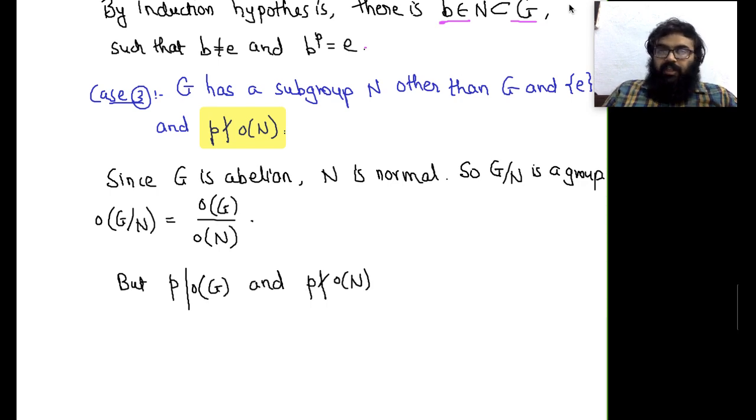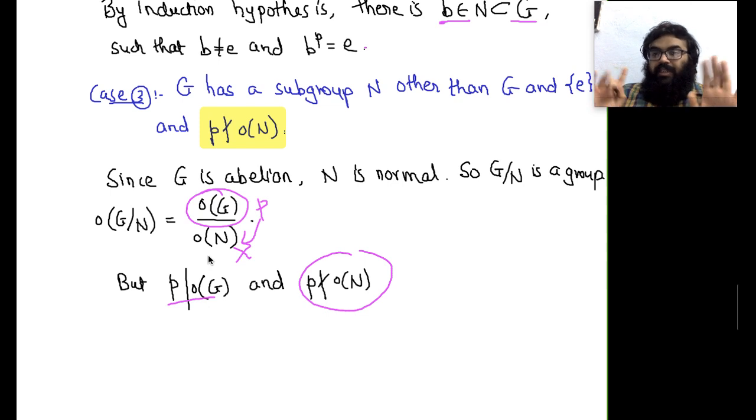That means P divides the numerator. Here there is P dividing this, but P is not dividing this denominator, as you can see here. P divides the numerator, P does not divide the denominator. So P does not cancel out. If it divides numerator and denominator, then it may cancel out, but it is not going to get cancelled out because it is not dividing the denominator.